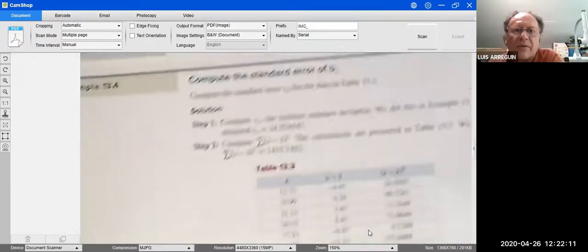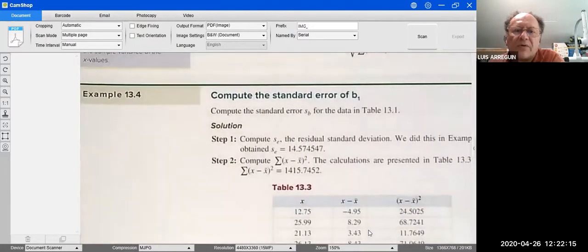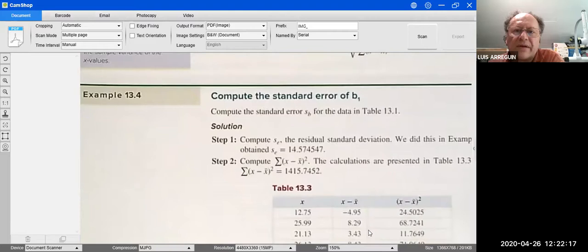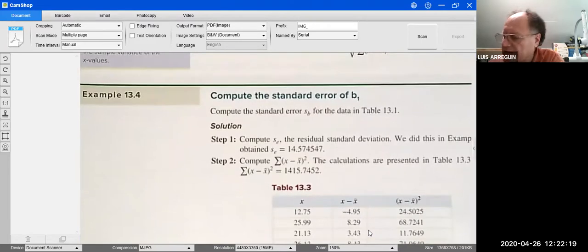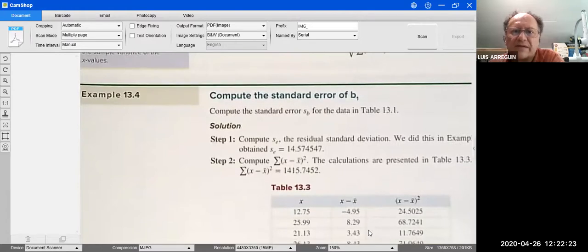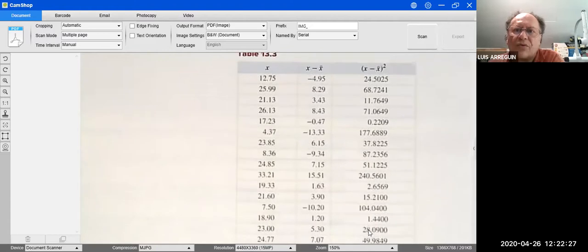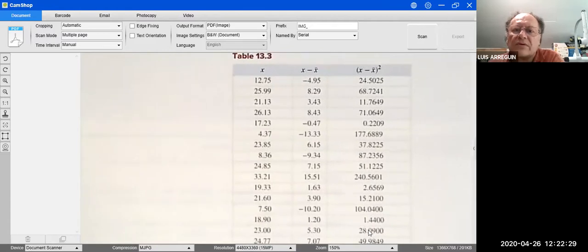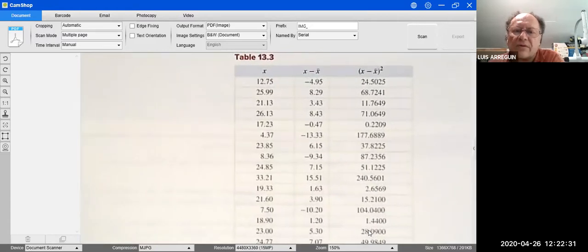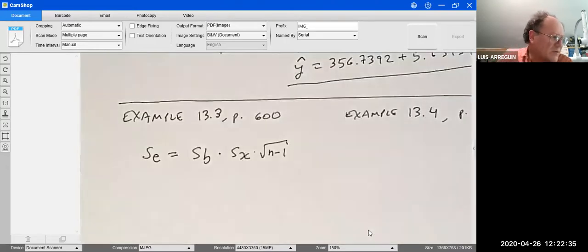So example 13.4 is going to be about computing the standard error SB for the data in the same table. So now, for example 13.4, we need SB, and SB is again another long computation. So we're going to need to conduct all these computations here. But in our case, we're going to use just a very simple formula that I showed you before.